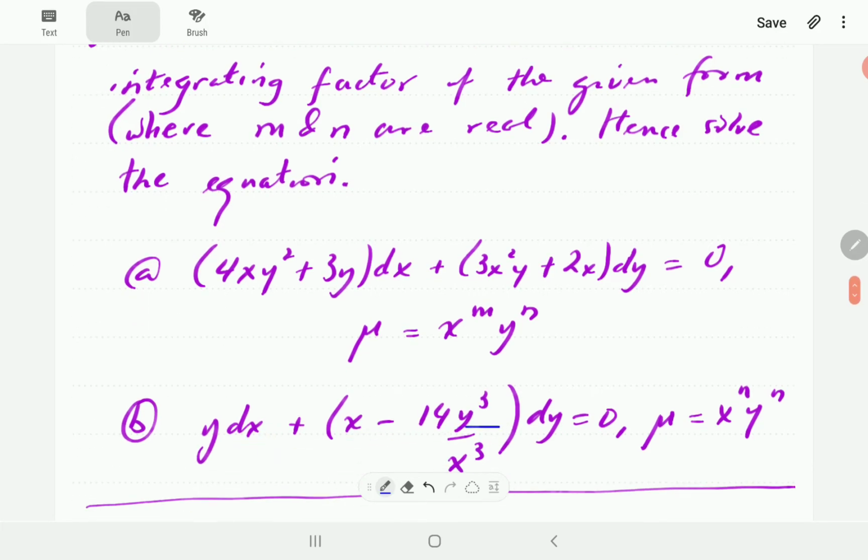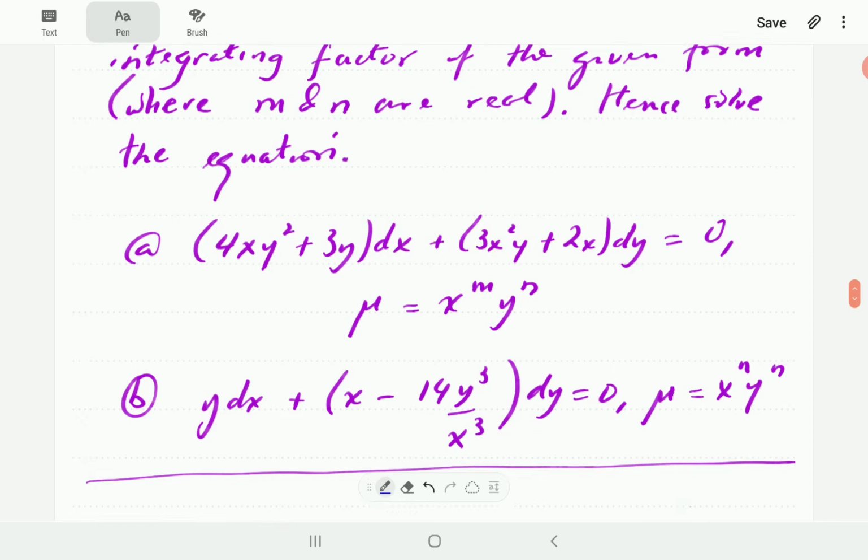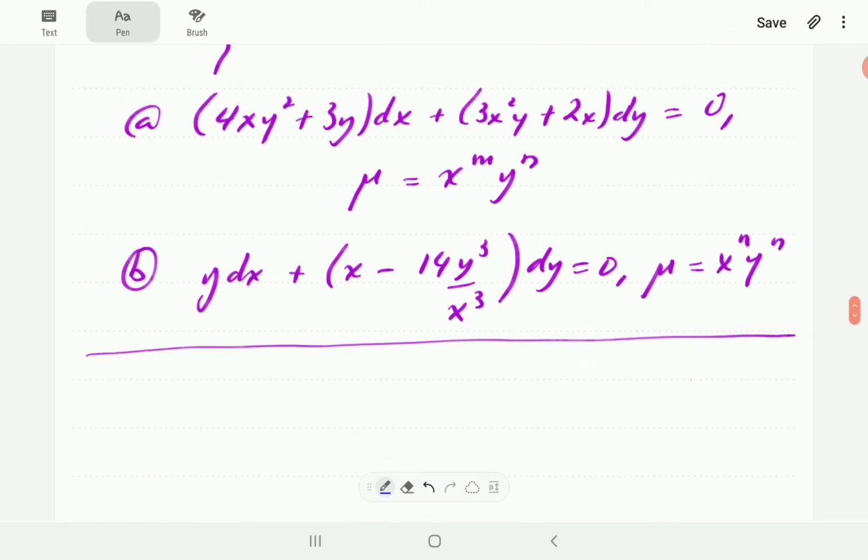Part B is the same scenario, but the powers are different here. Okay, so the first thing I want to do is to multiply this ODE by this function here, and then we're going to see how the values of m and n are determined.